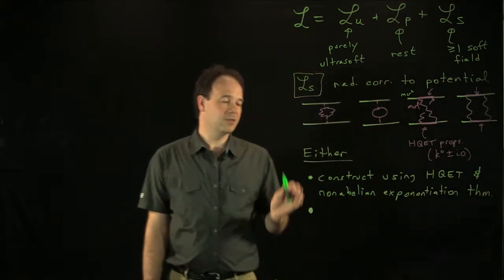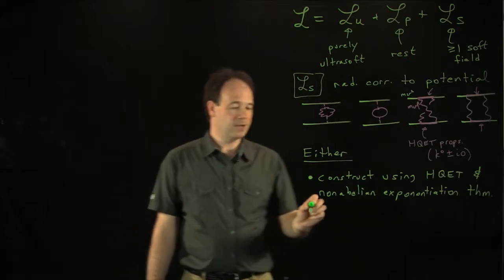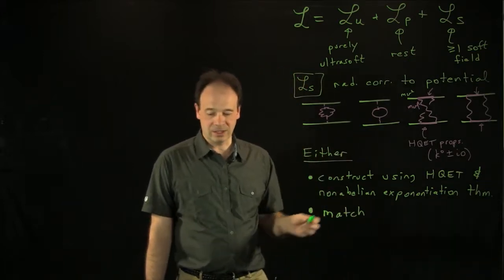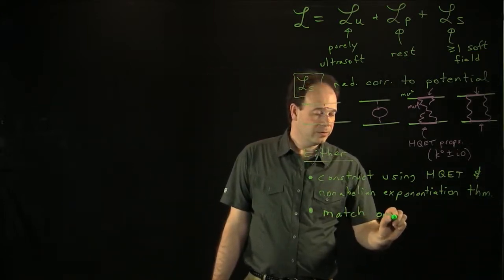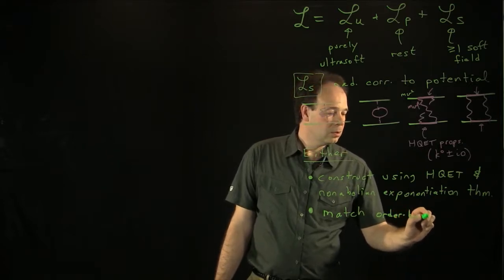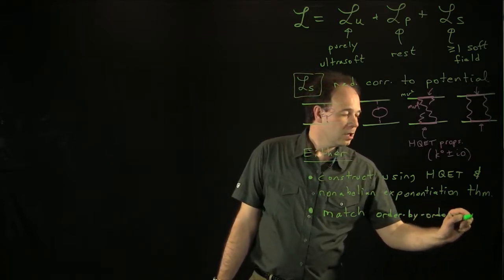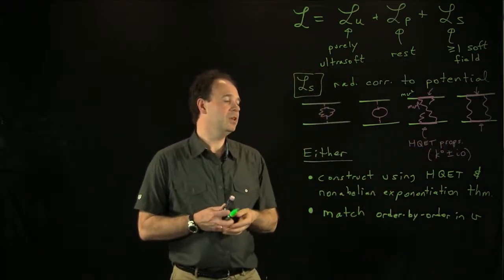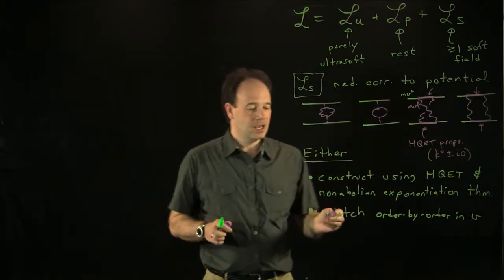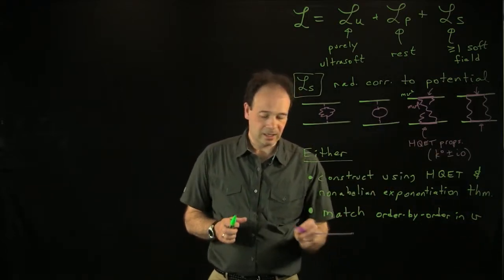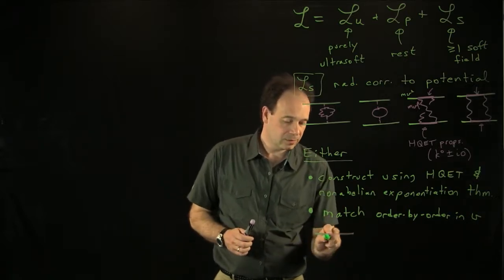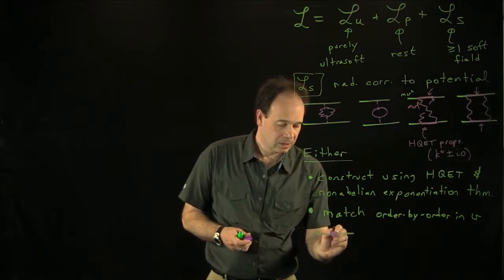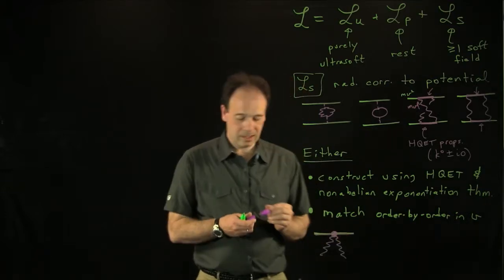The other possibility, which is more the approach that I want to advocate taking, would be to do a matching calculation to construct these interactions. And we would match order by order in v. When we do this matching, we can actually assume that k0 is order mv, and we don't have to worry about these i0s. And so what we do is we construct Compton scattering type diagrams for the soft interaction, which I'll draw like this.